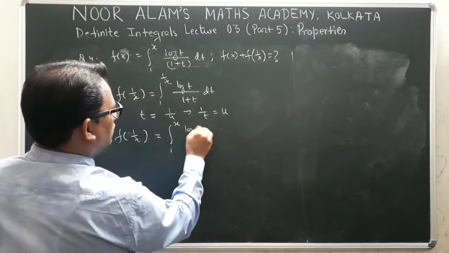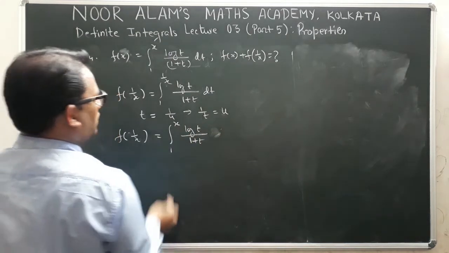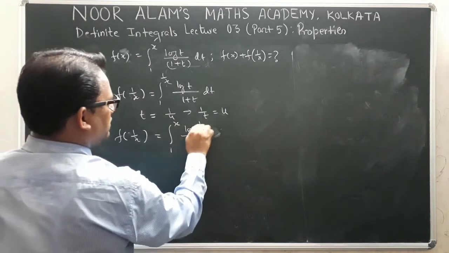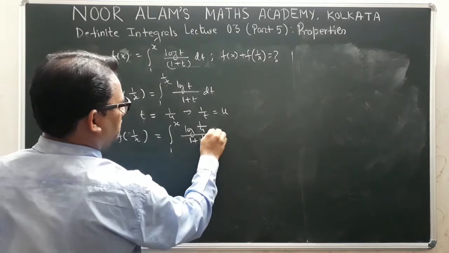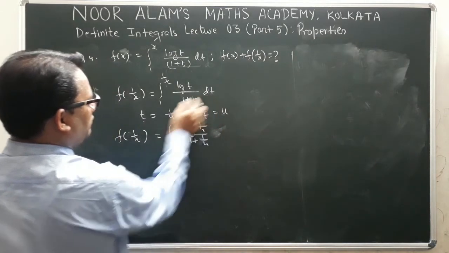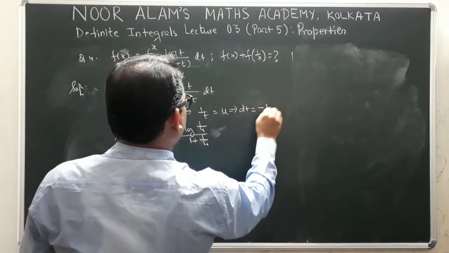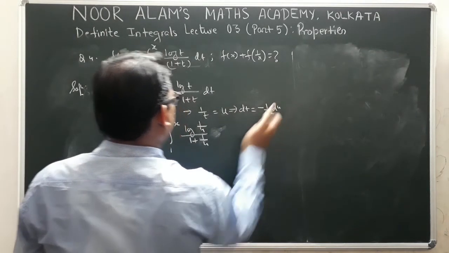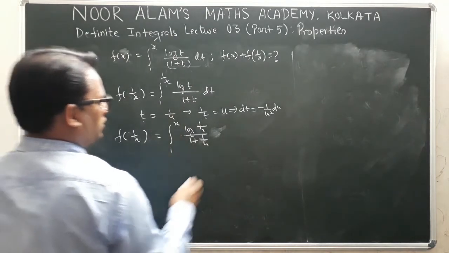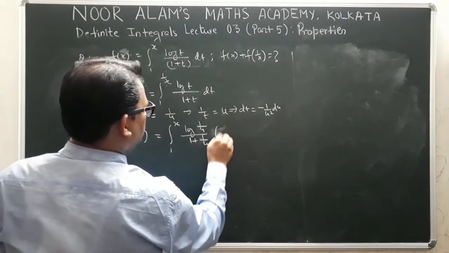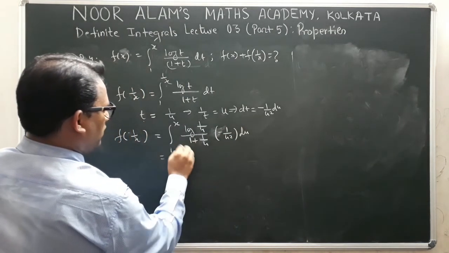So now here it is log of t by 1 plus t dt. We substitute t equal to 1 by u, and dt we get as minus 1 by u square du, since the derivative of 1 by u is minus 1 by u square. Now the limits are 1 to x.